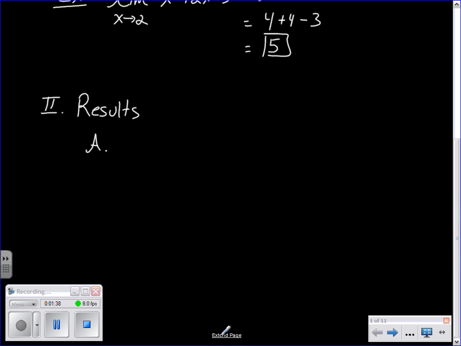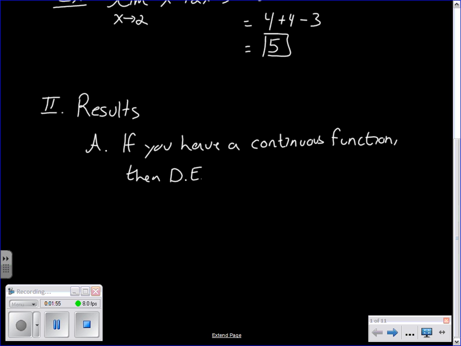So just remember that if you have a continuous function, then direct evaluation will always work. Simply take the x value that the function's approaching, plug it in, and you're going to get out a real number. That means that your function was continuous at that point and the limit exists. So if you get a real number, you're done.